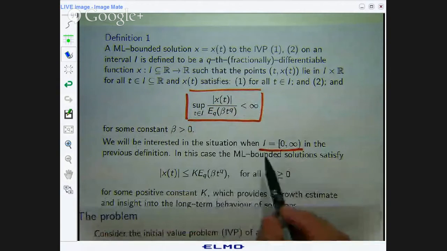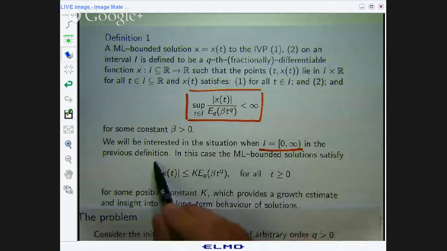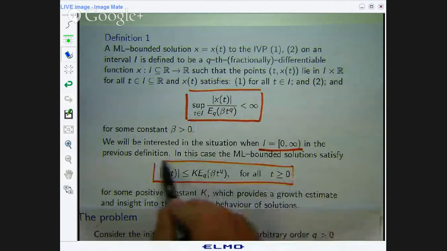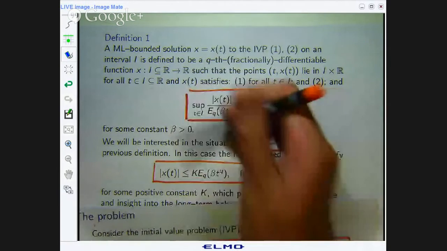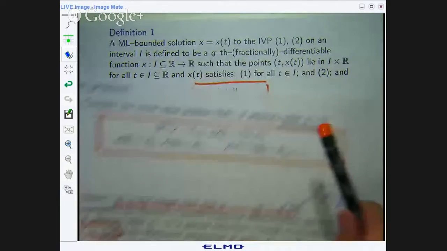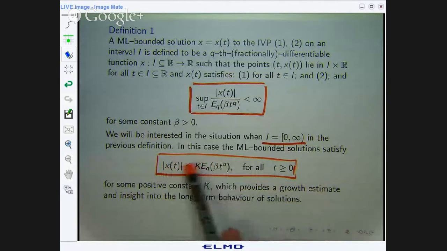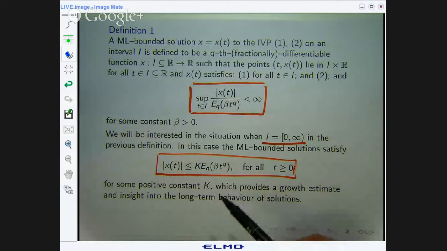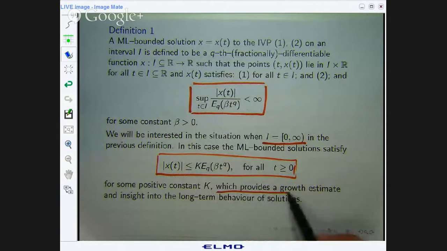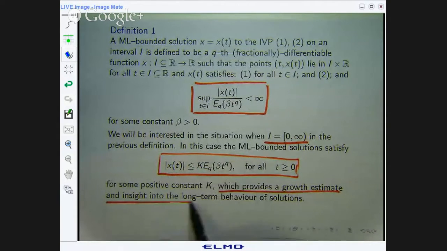It means that if we have an ML-bounded solution to this problem, there's some positive number k such that solutions satisfy this sort of inequality, this sort of bound. Okay, so what does that do? Well, it provides a growth estimate and insight into the long-term behavior of solutions.